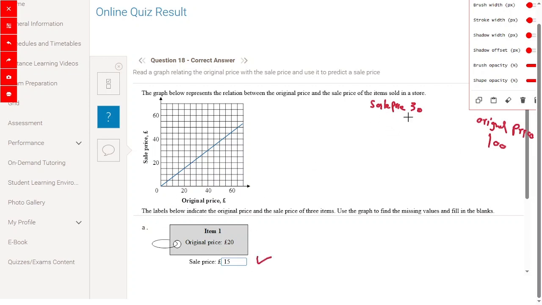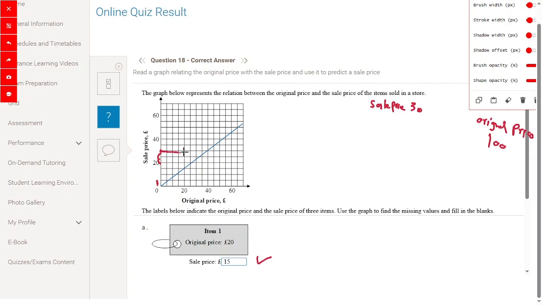Now for the second one, when the sale price is 30, let's go to 30. As we said, each square is 5. So we have here 20, 25, 30. So here is the sale price. Let's see what is the value of the original price.